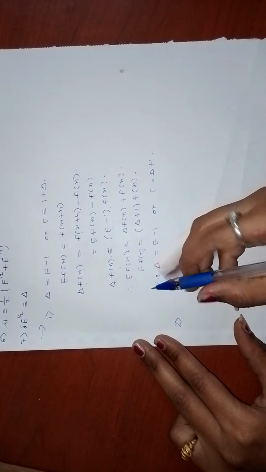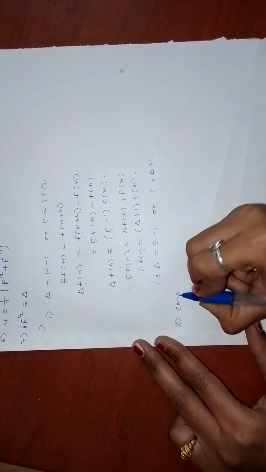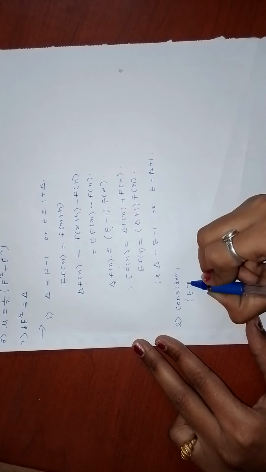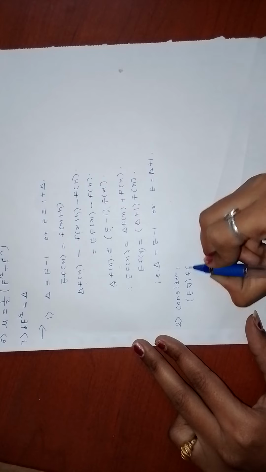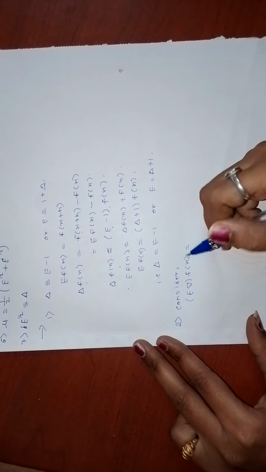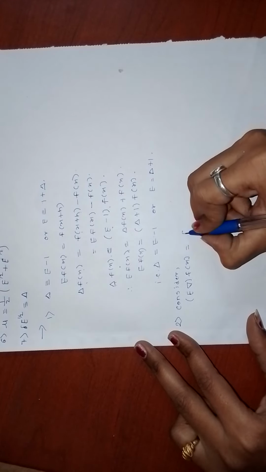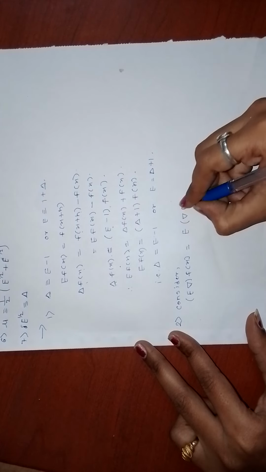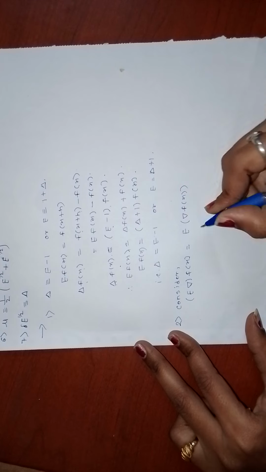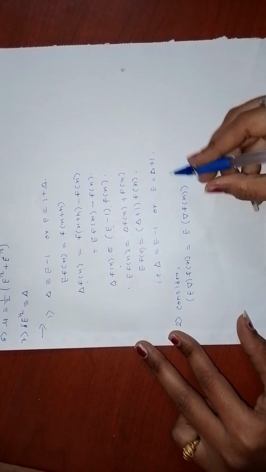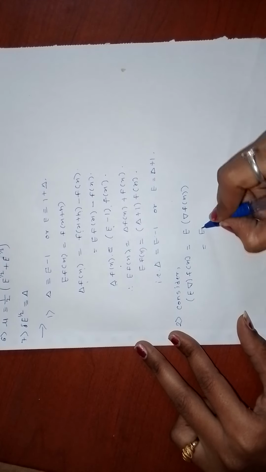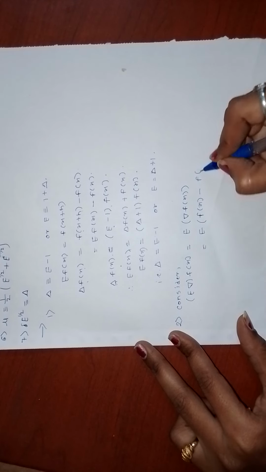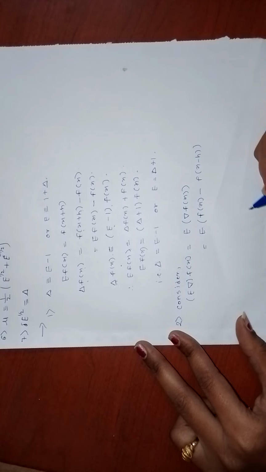So for this we consider E del f of x. F of x apply here, so E delta del f of x, but we know that the value of del f of x is f of x minus f of x minus h.